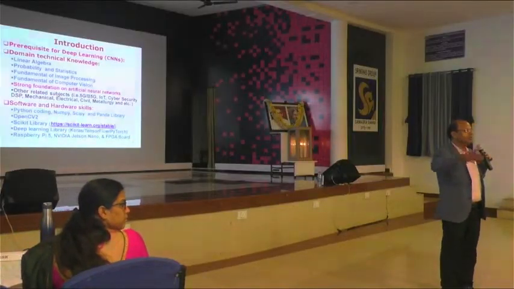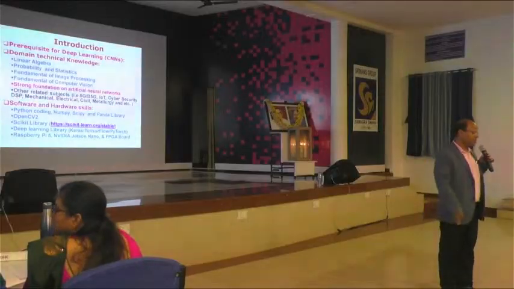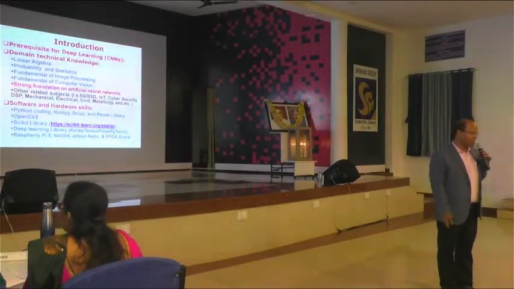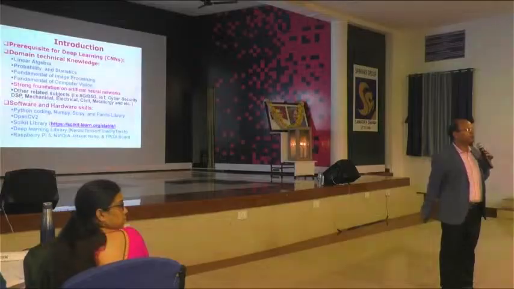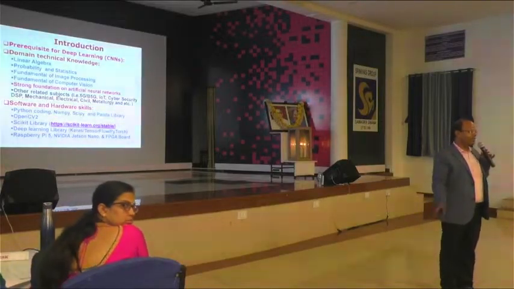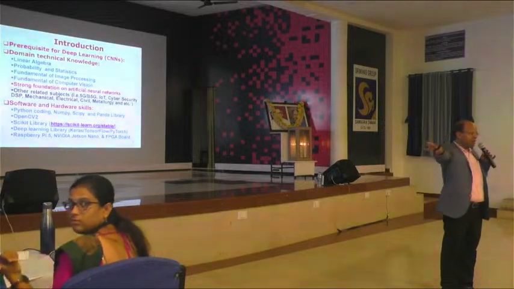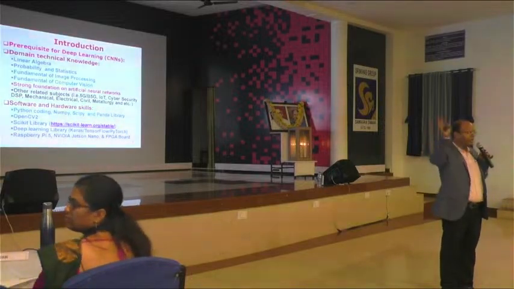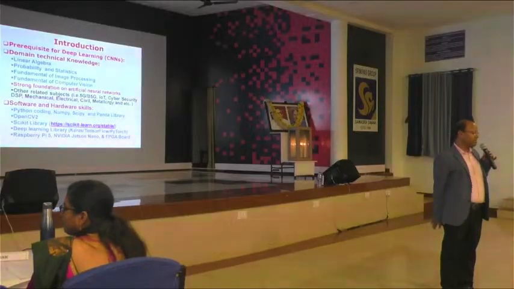And then you can frame multiple objectives, at least two objectives for your project, right? The first objective would be simulation and performance evaluation of existing deep learning algorithms for liver cancer grading from histopathology images.